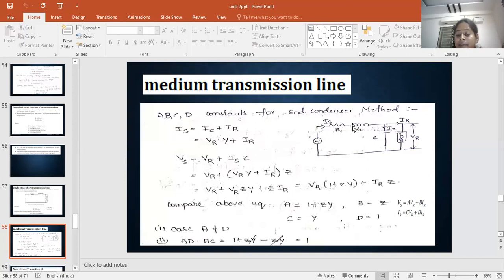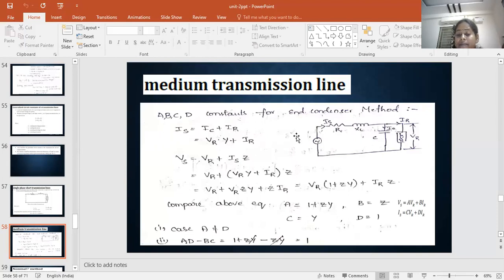Throughout the transmission line up to here, Is is flowing, and it is divided into two parts, Ir and Ic. At the load, the voltage is Vr and the current is Ir.